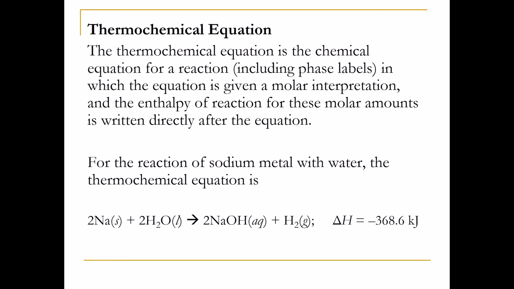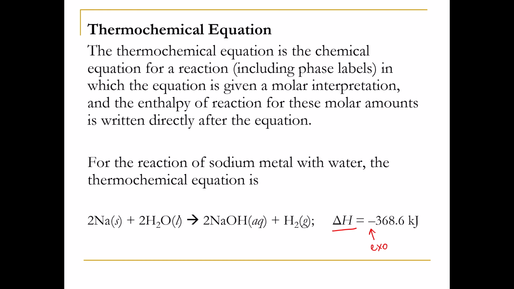The most common way, and what we're going to look at calculating, is by writing out the delta H. So the delta H defines whether the reaction is endothermic or exothermic. Once we have a balanced equation, we might also see a delta H value given after it. This indicates whether it's endothermic or exothermic based on the sign. This one has a negative sign, indicating exothermic for this particular reaction.